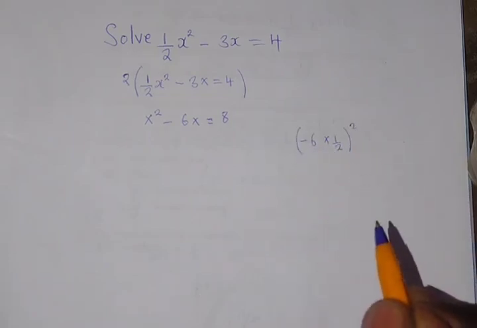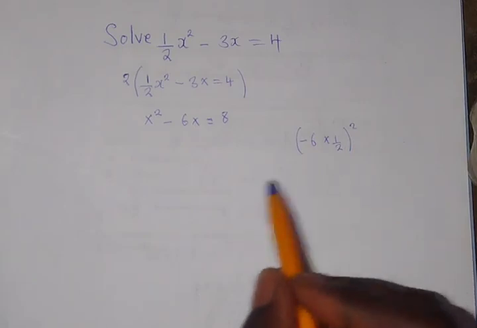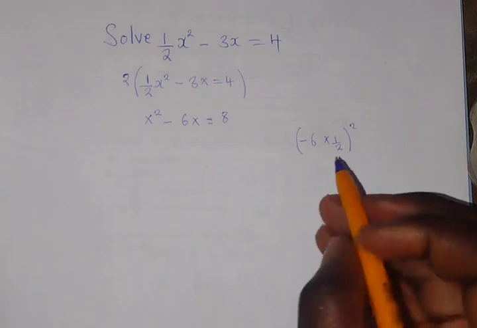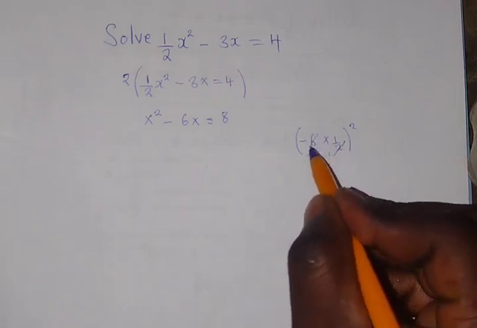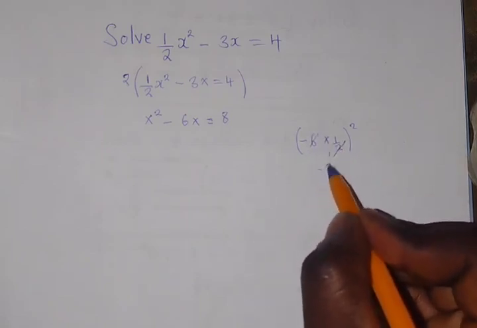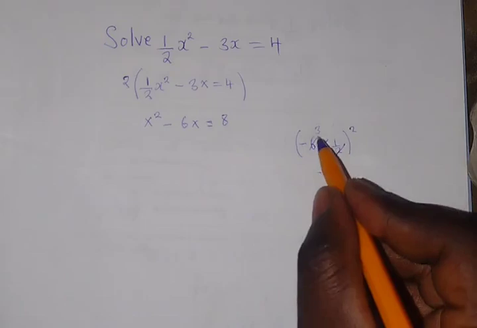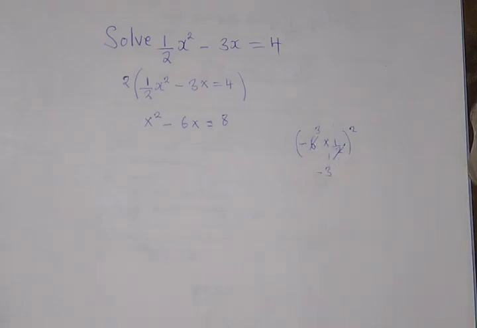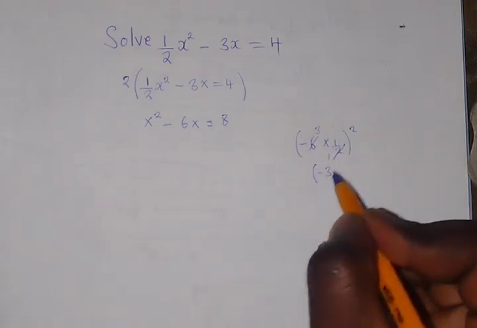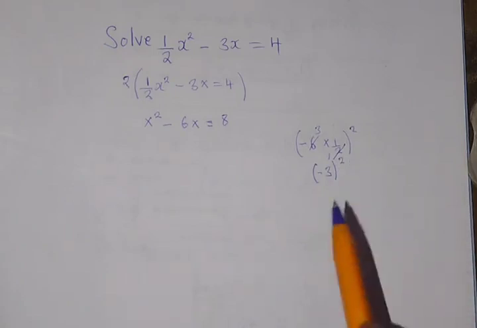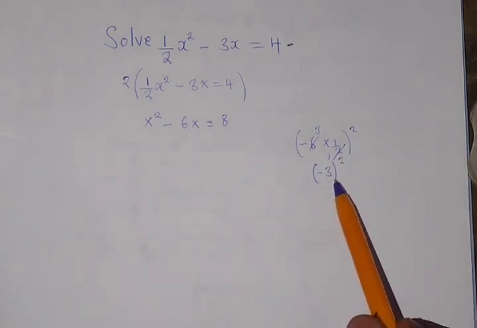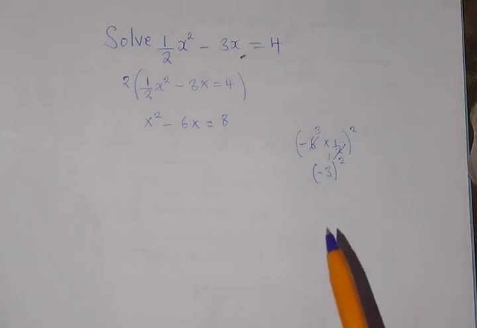This is one of the principles that we use if we are using the completing the square method. Half of -6 here will be a -3. So this will be squared. The moment you get this, you should add this to both sides of the equation.